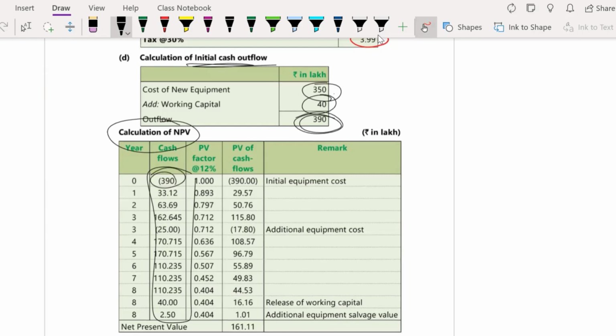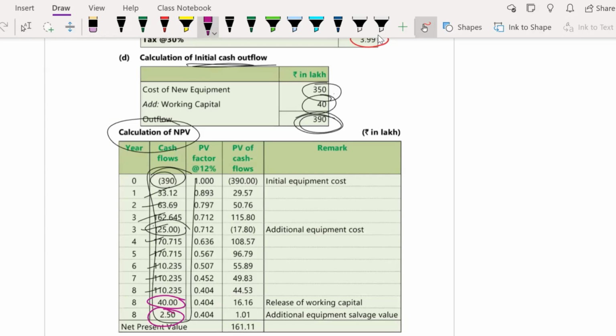Then you have your cash inflows. Then again you have a cash outflow of 25 lakh because of the additional equipment that you purchase. Then again cash inflows. At year end 8, you will have 2 new types of inflows: one, the 40 lakh rupees of working capital that you had put in, you will get back; and two, the salvage value of the additional equipment.